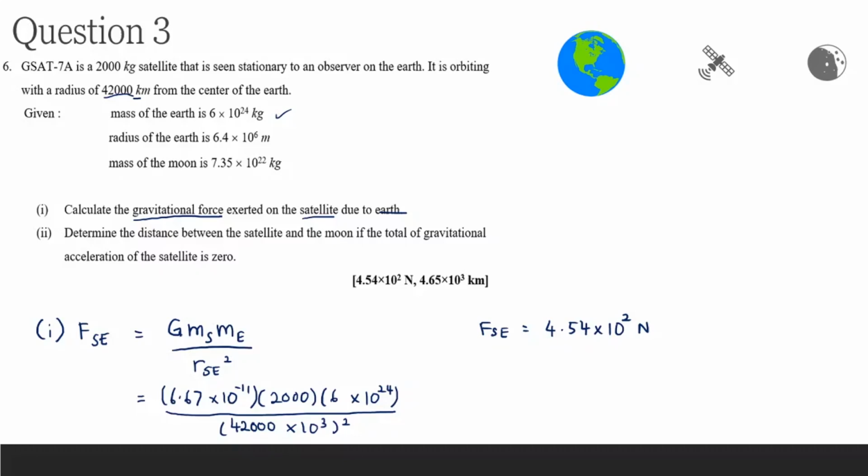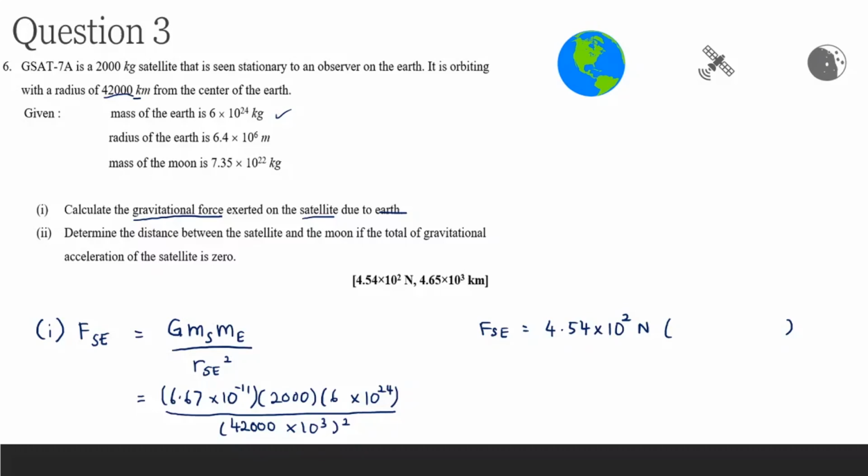Kita kena faham sendiri, because gravitational force is a vector quantity. So kalau kita bagi jawapan, kita kena ada magnitude and direction in a bracket next to it. Okay, so dekat sini kita dah calculate tadi FSE using the formula GMm over R squared.